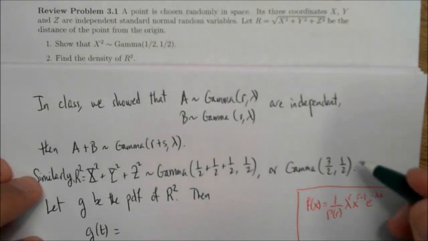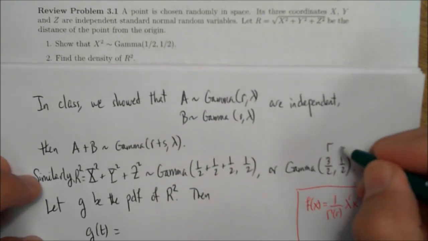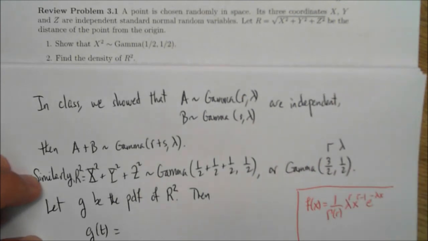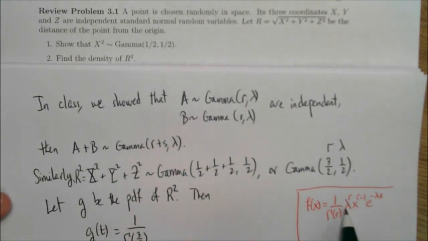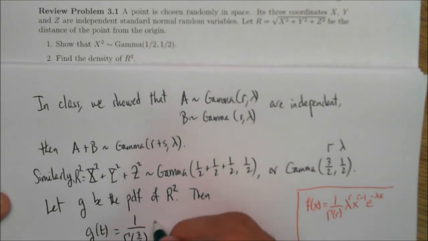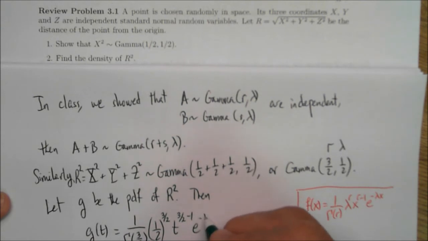So in my case, my r is equal to 3/2, my lambda is equal to 1/2, and so this will be 1 over gamma of 3/2 times 1/2 to the 3/2, times t to the 3/2 minus 1, times e to the minus t over 2.